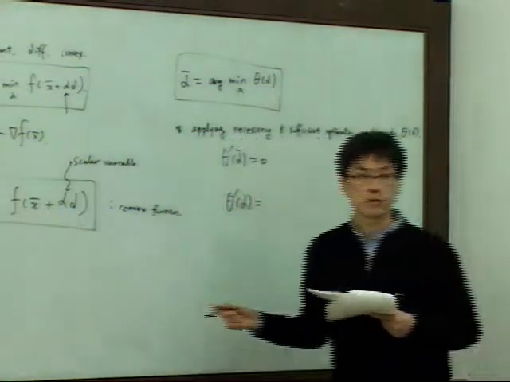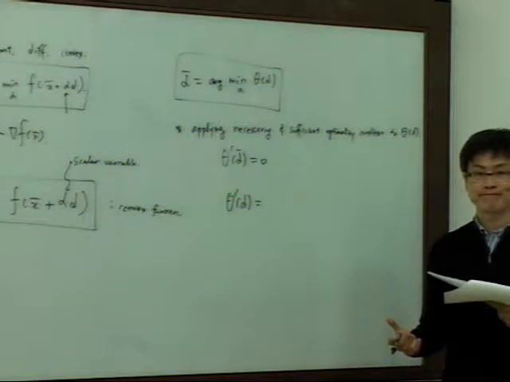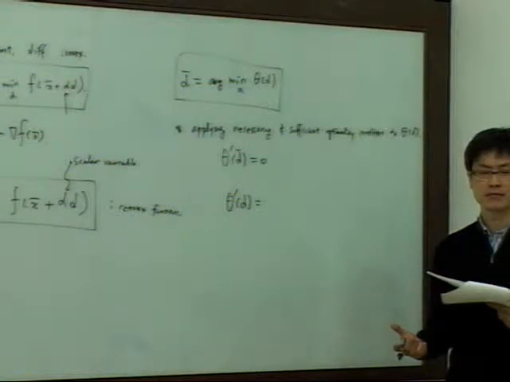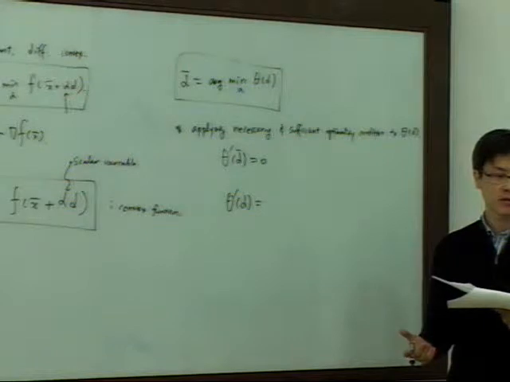But by applying the chain rule or something, I just forgot the name of it, Jacobian.